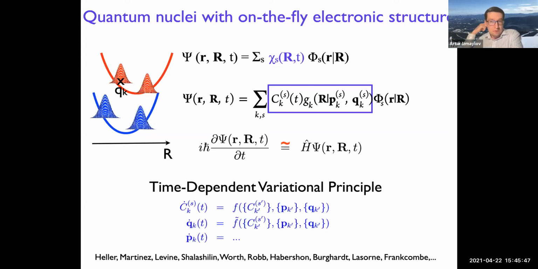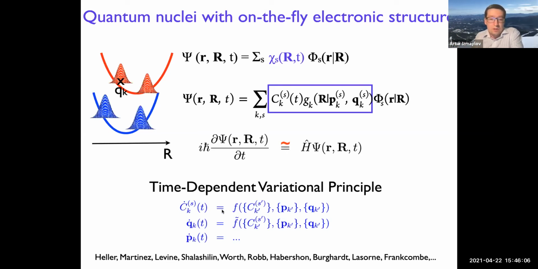So that gives rise to various time-dependent variational principles, because you're trying to vary the coefficients, position, and momentum of Gaussians to minimize the difference between the left-hand side and right-hand side. And it gives rise to a system of differential equations that can be solved.